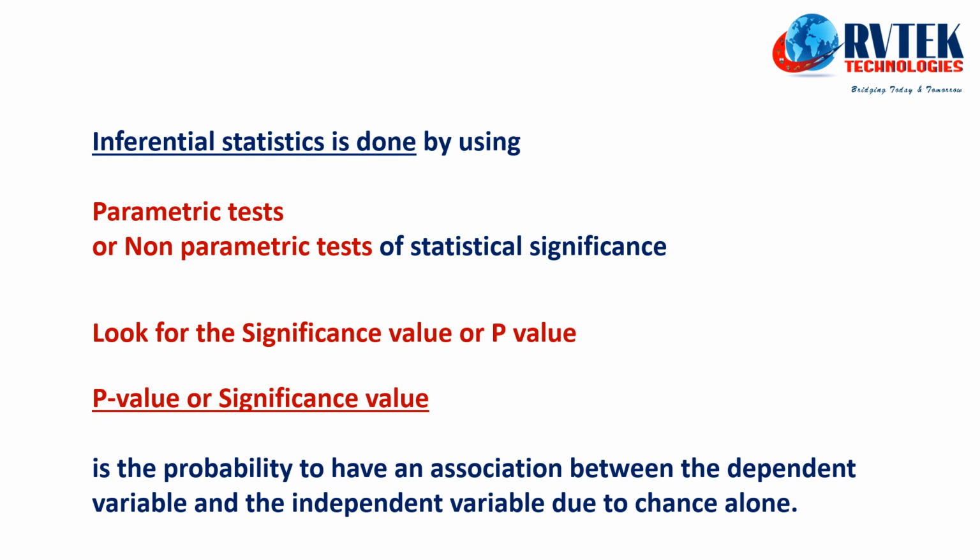P-value or significance value is the probability to have an association between the dependent variable and the independent variable due to chance alone.